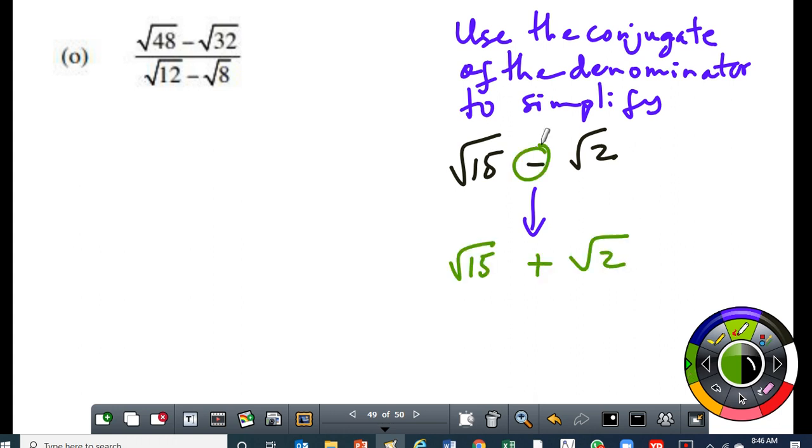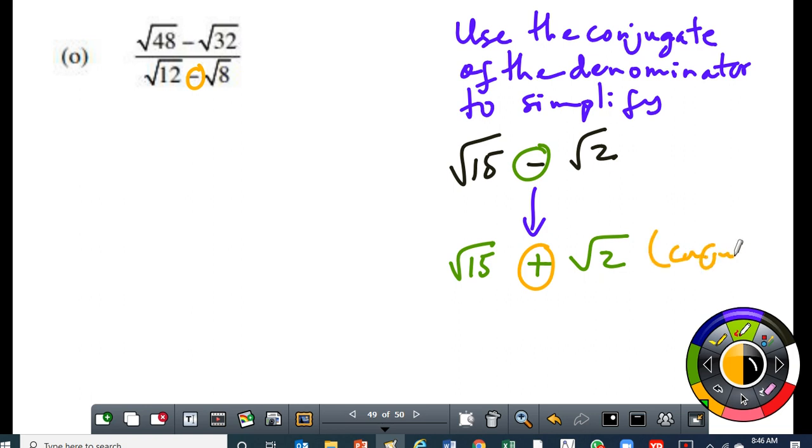So the sign here and the sign there must be opposites. Okay? So the conjugate of this, the square root of 12 minus the square root of 8, is going to have a plus there. Right? So this is the conjugate of what? Of that set.